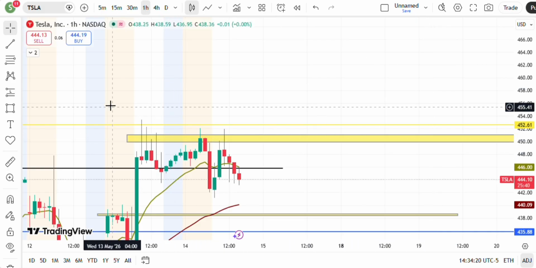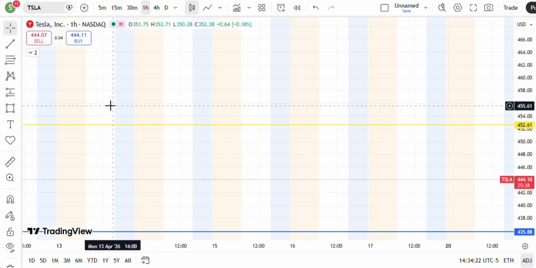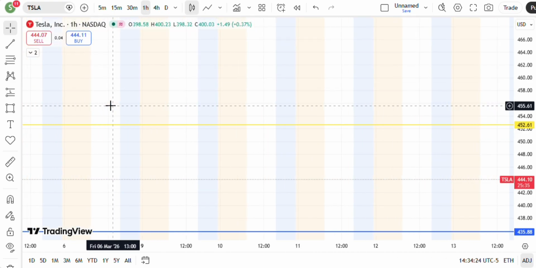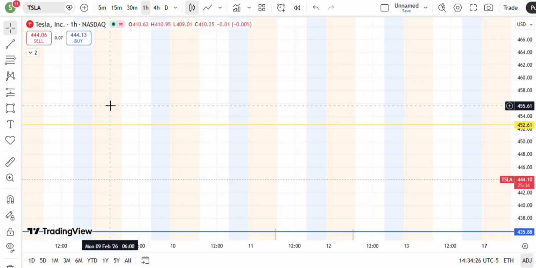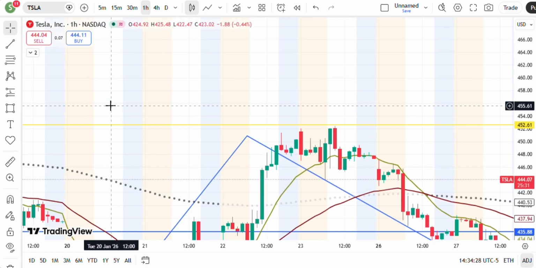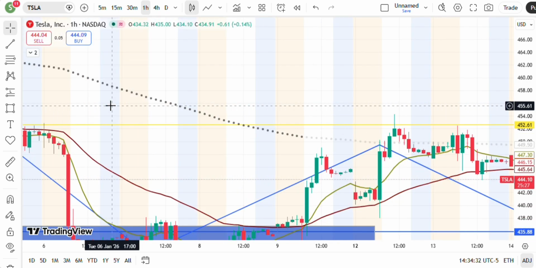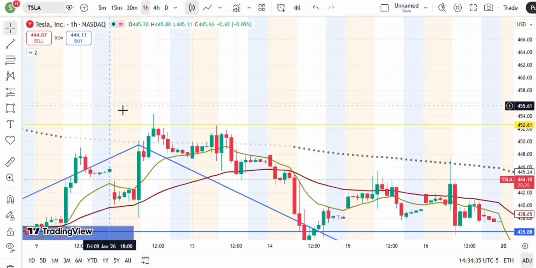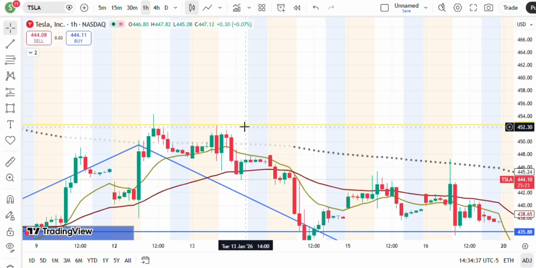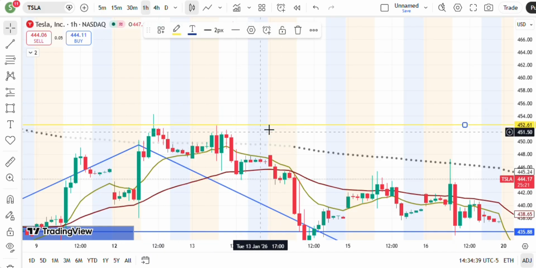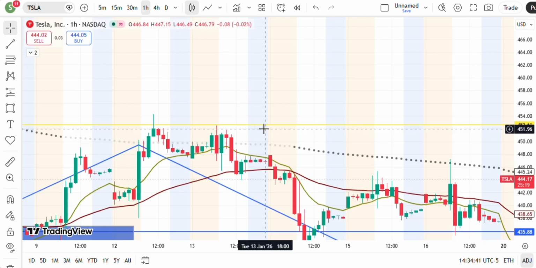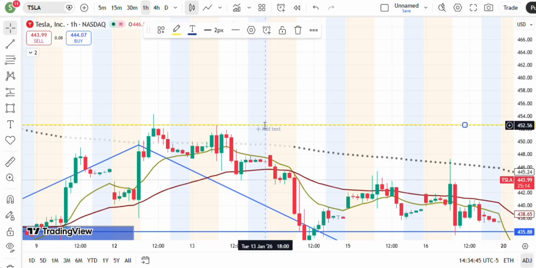Let's find one more. It breached that level already. And that's a standard deviation as well. Let's make note of this standard deviation. If I remember, I'm gonna go over what standard deviation is.